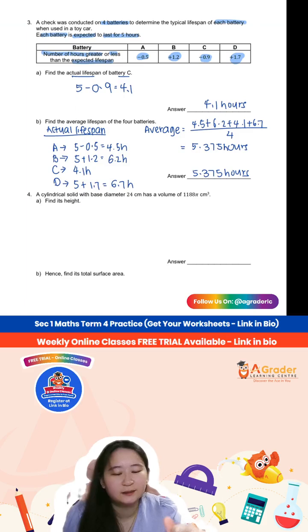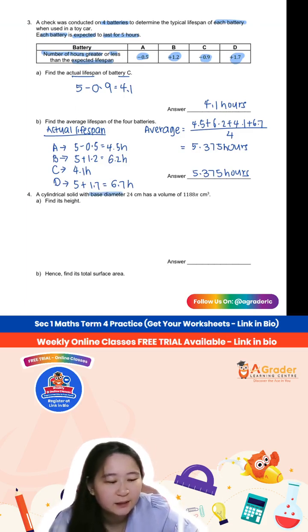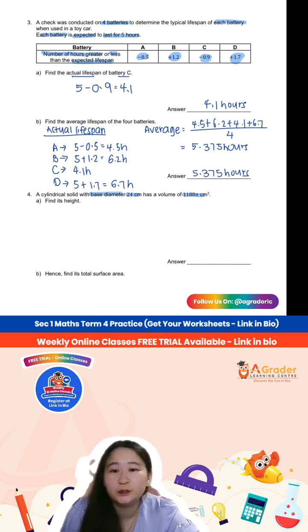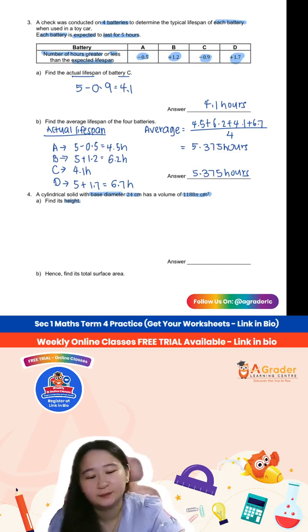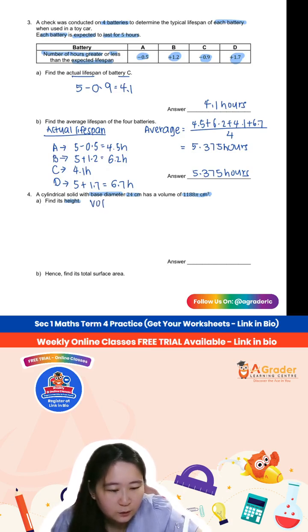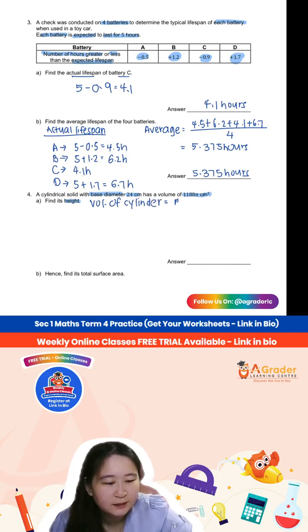So they tell you that the cylindrical solid with base diameter 24 cm has a volume of 1188 pi cubic centimeter. Find the height. So volume of cylinder, the formula is base area times height.